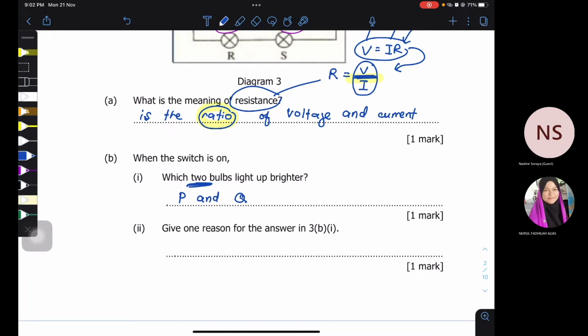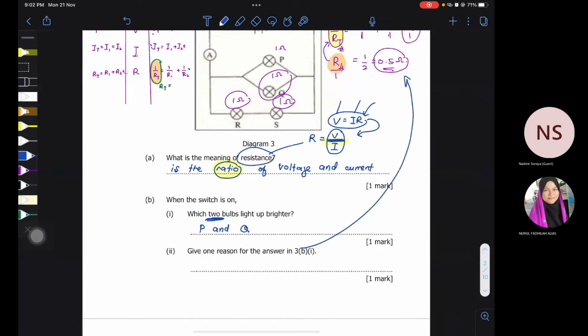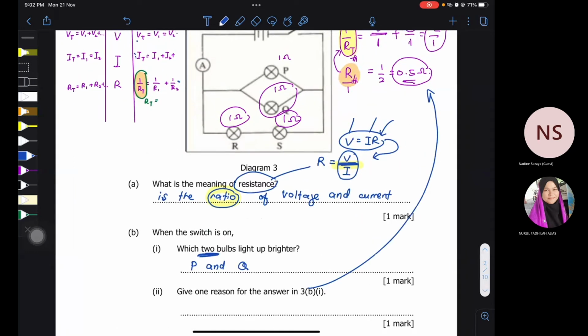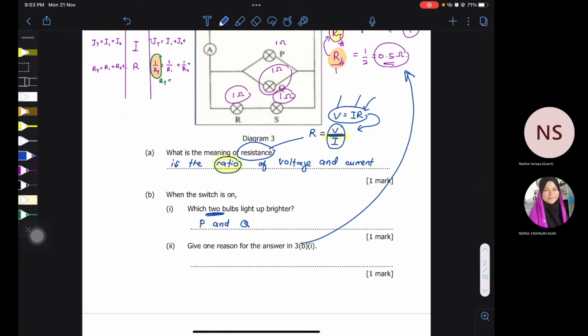Give one reason. Tadi reason dia, kalau you faham apa yang cikgu explain tadi, you can write all this dalam bentuk perkataan lah. So what do you understand? What have you understood? Okay, so macam mana kita tulis?